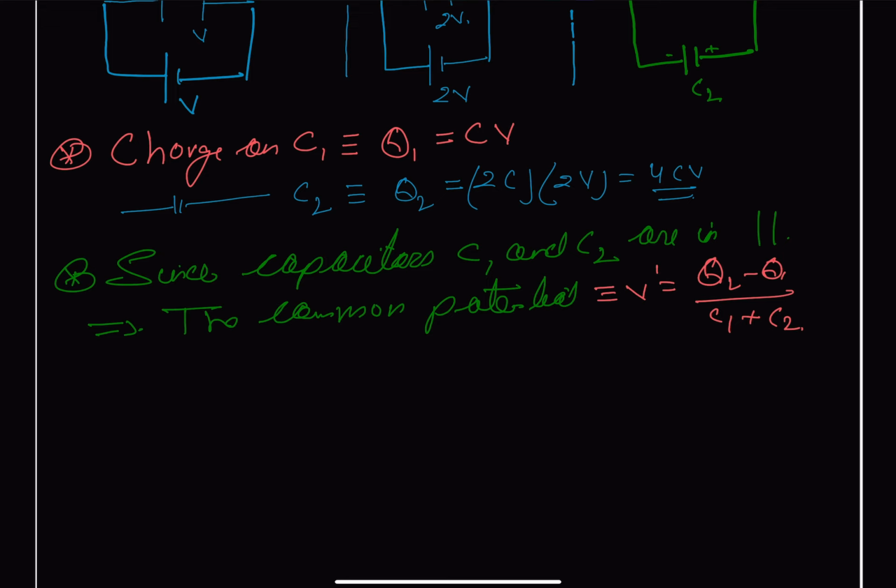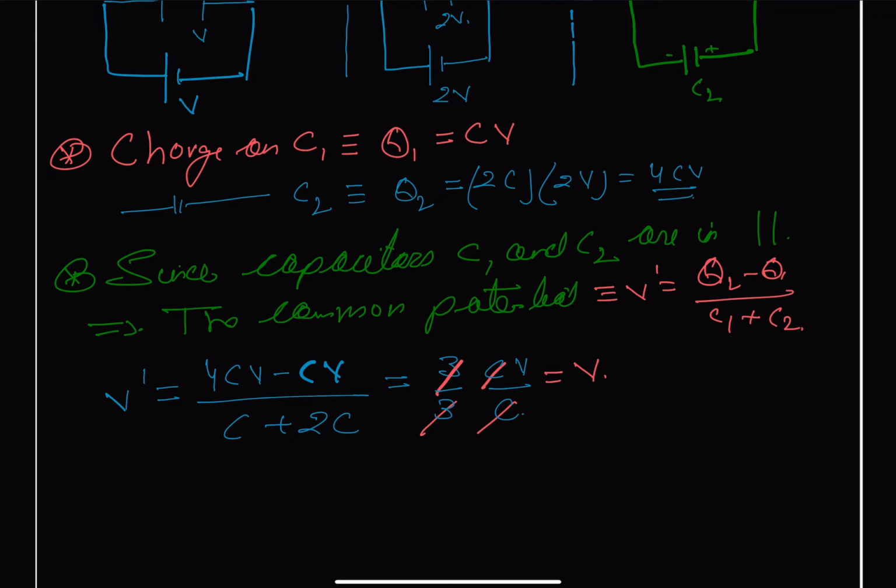So V prime will be equal to 4CV minus CV divided by C plus 2C, which gives 3CV by 3C. C and C go away, and this comes equal to V.